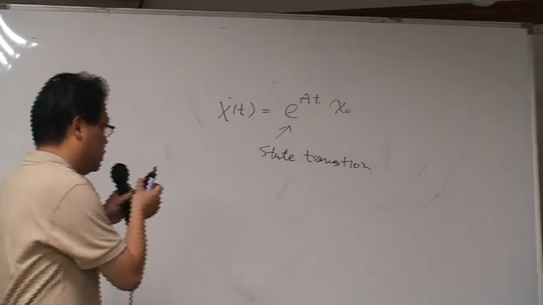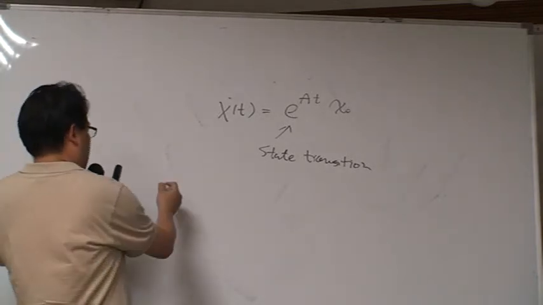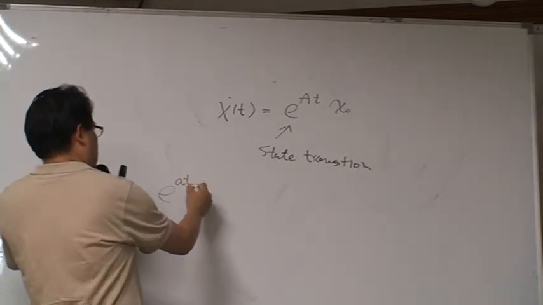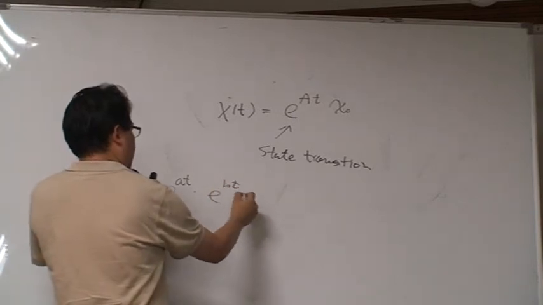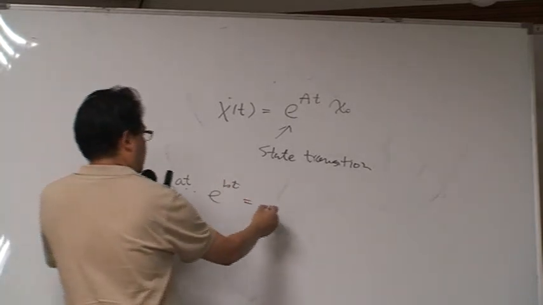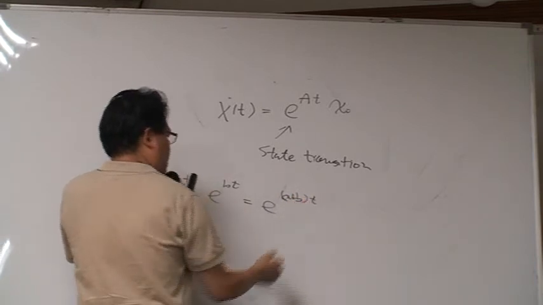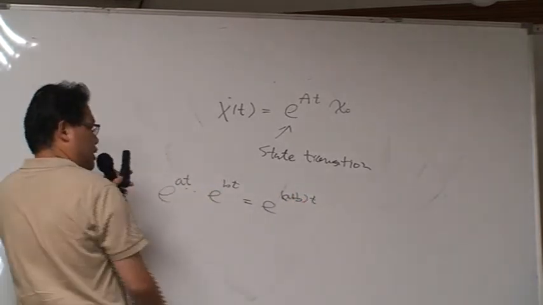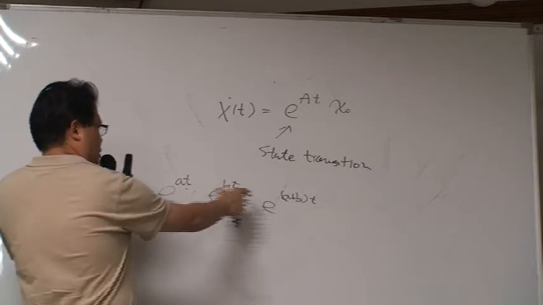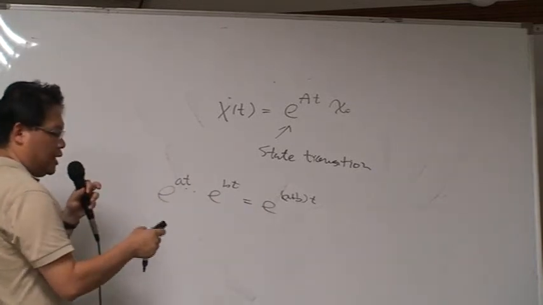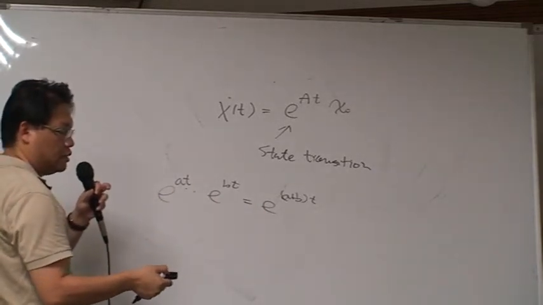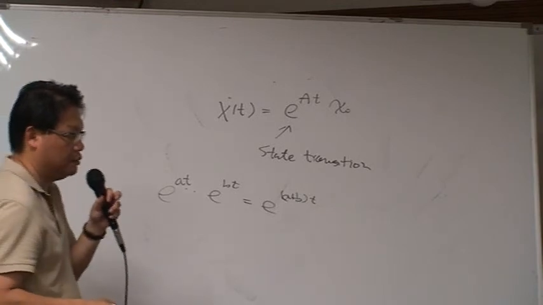If you have two scalars, e^(at) times e^(bt), you can always combine the exponential terms, no problem, right? Very simple, from basic mathematics. But if these two are matrices, you cannot directly combine them unless this condition is satisfied. That's very important.